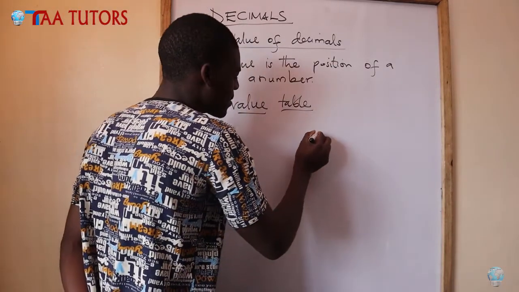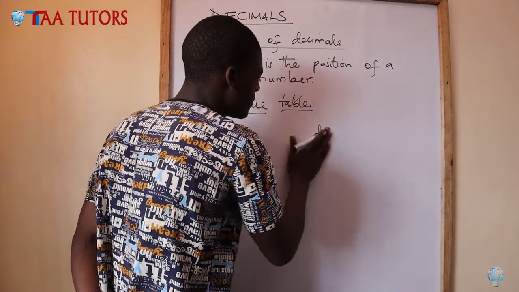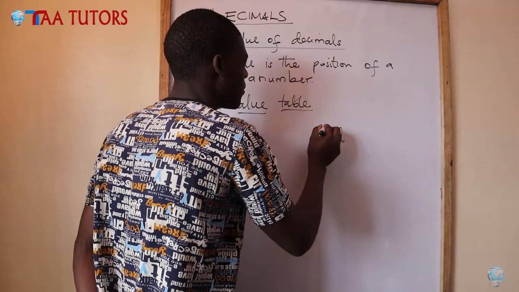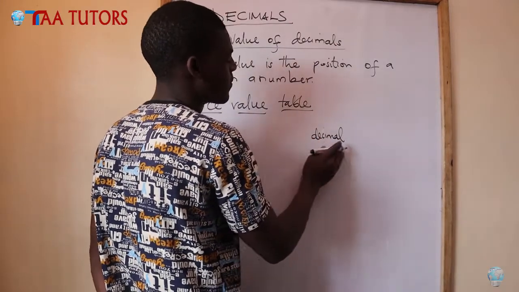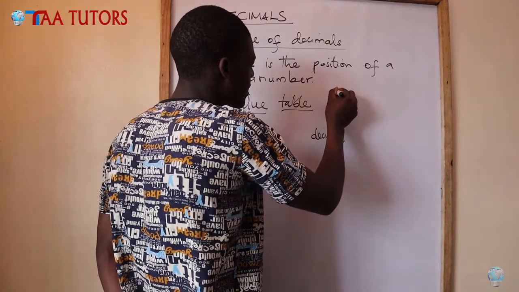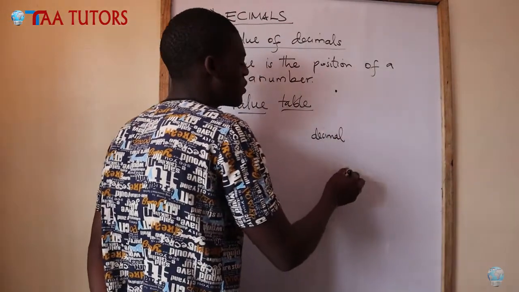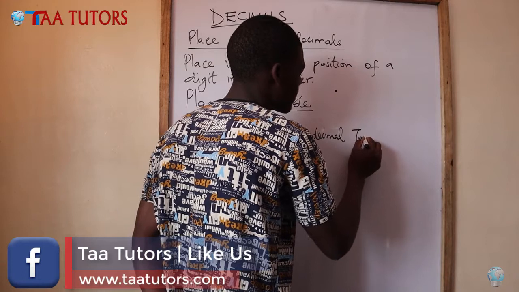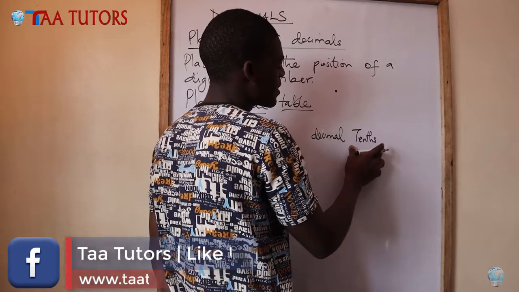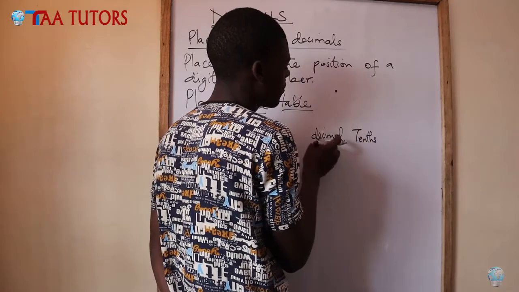Always, we will have that part of decimal, because this is now our main concern. After the decimal point, always represented by a dot, we move to tenths. Not ones, it doesn't exist. We start from tenths after the decimal point.